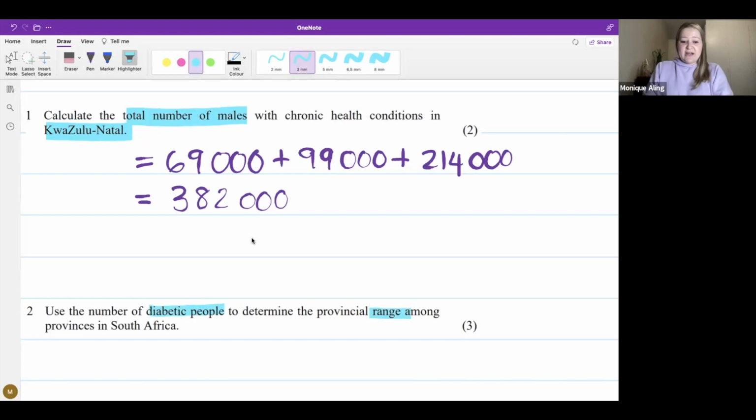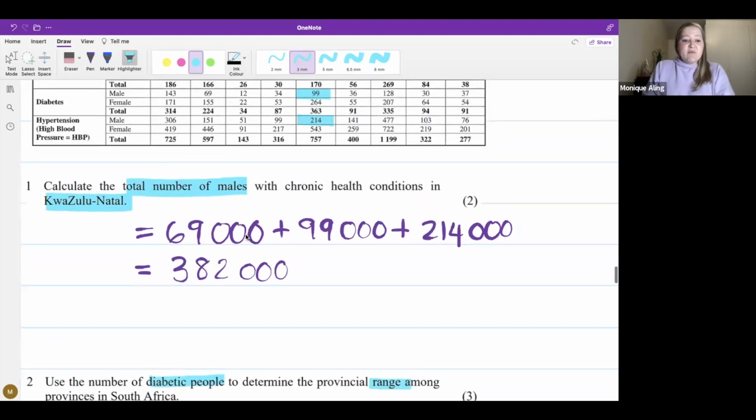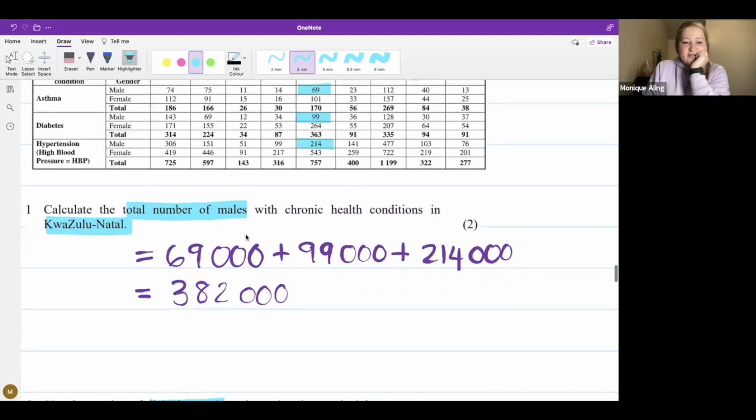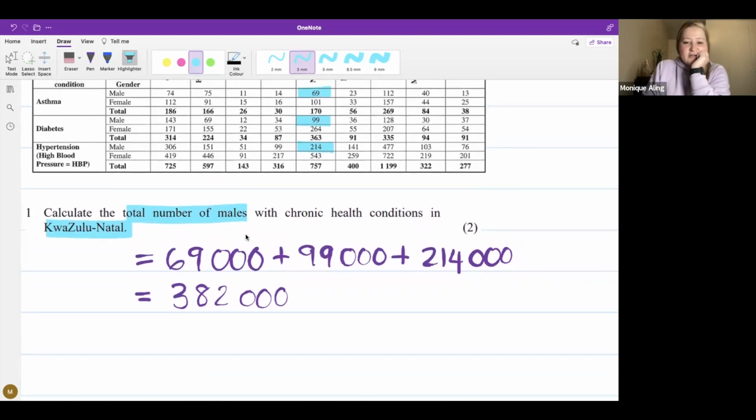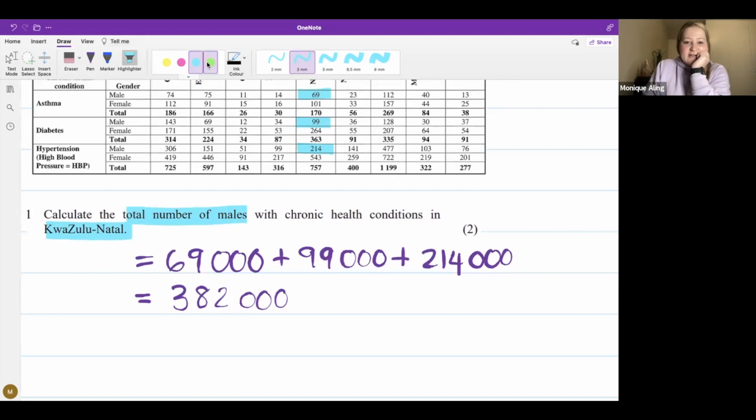So I'm going to scroll back up. Just to help, because it might be a bit hard with your screen, for diabetes we are looking at this row. These are the totals for everyone with diabetes. So they asked us to look at diabetes specifically and work out the range.